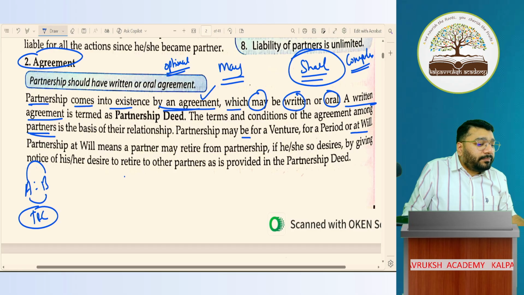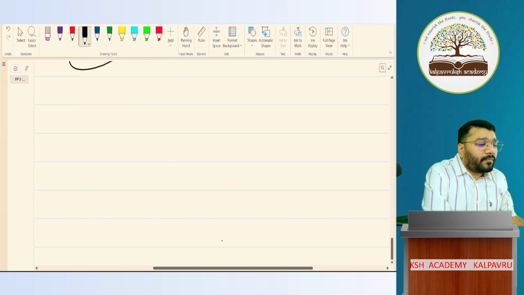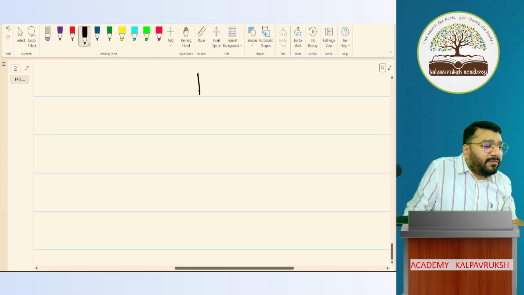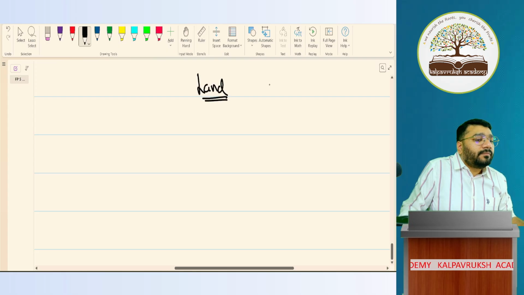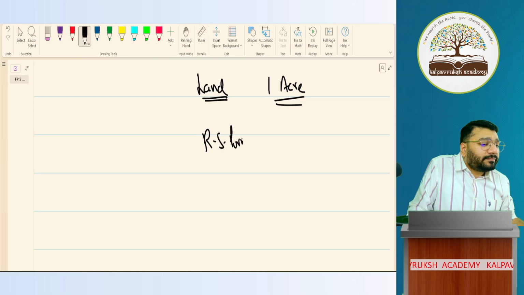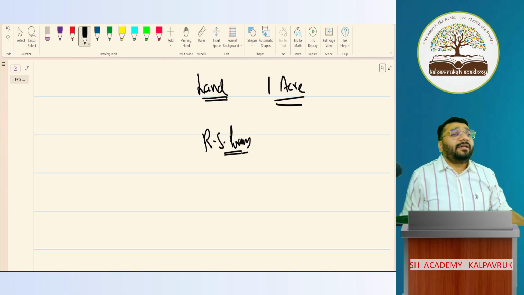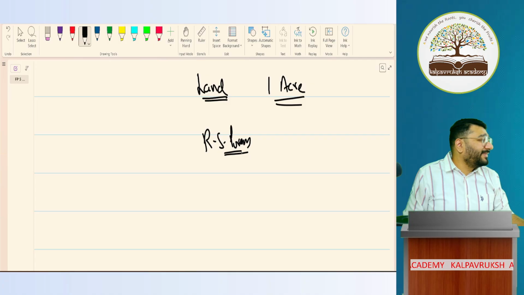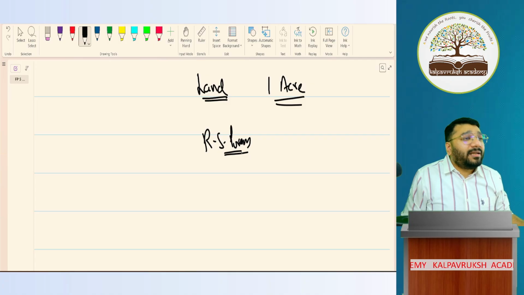Now, guys, I have a land. How much? 1 acre. Where? In RS Puram. You imagine like that. I don't have it, but imagine 1 acre of land in RS Puram.